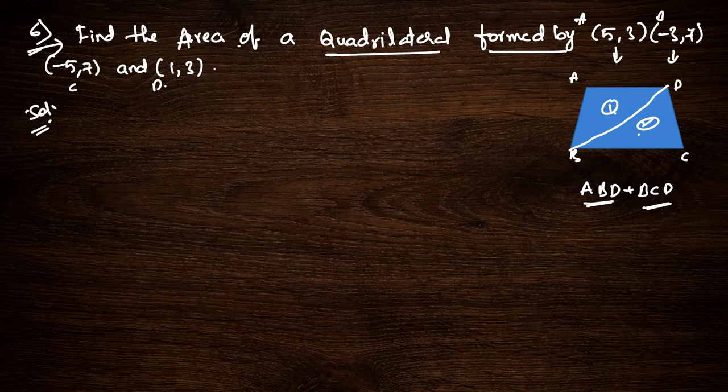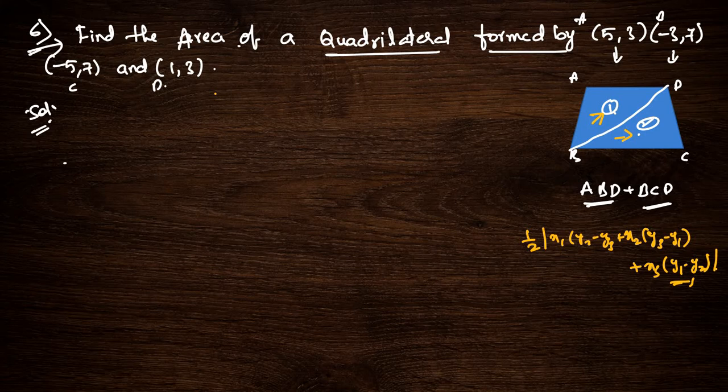Now solution here. The area of triangle formula we know already, that is, half of mod x1 into y2 minus y3, plus x2 into y3 minus y1, plus x3 into y1 minus y2. So this is the area of triangle formula. In this formula we have to find the first triangle area and the second triangle area.